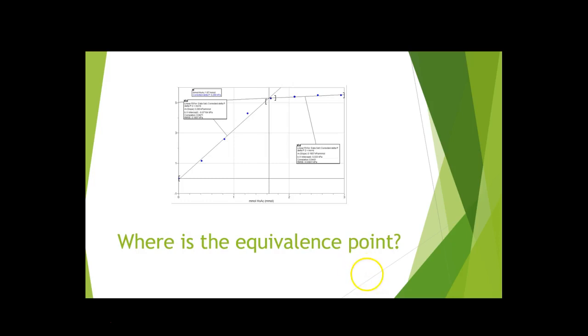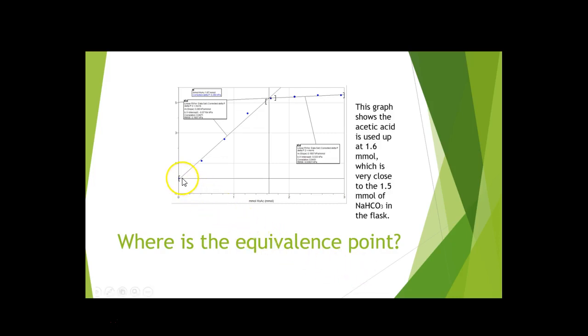Where is the equivalence point? That is, where would the acetic acid millimoles and the sodium hydrogen carbonate millimoles be exactly the same? Well, if you think about it, this graph shows that an increasing amount of acetic acid gave you an increasing amount of carbon dioxide until this point, and then adding more acetic acid did next to nothing to the pressure over and above what was happening here.